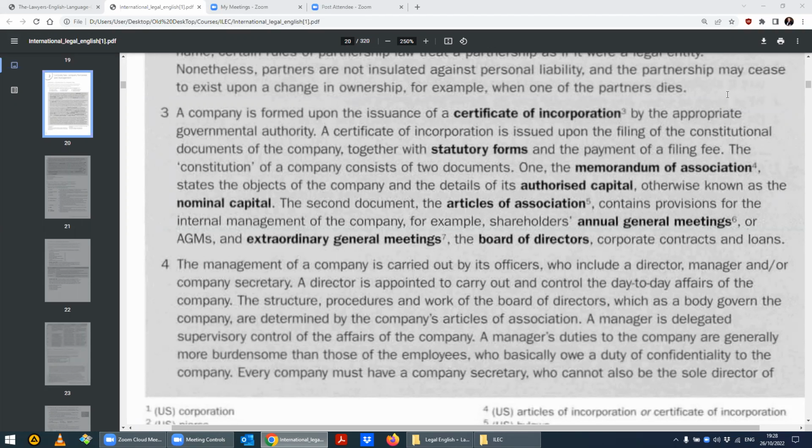We call this price the nominal price because nobody really knows the value of the shares. The company hasn't started trading yet. The company authorizes itself to sell the shares to raise money. We call this process capitalization because the money raised is the capital.